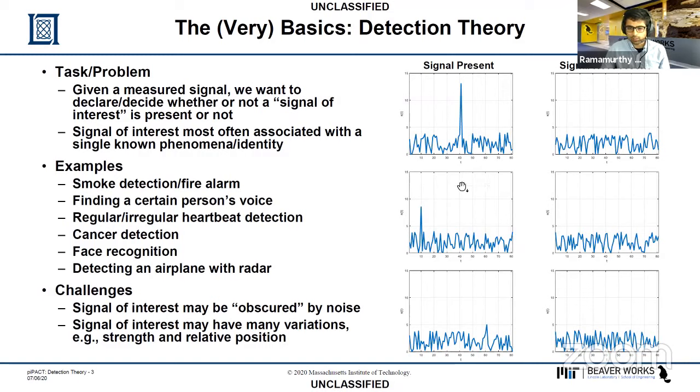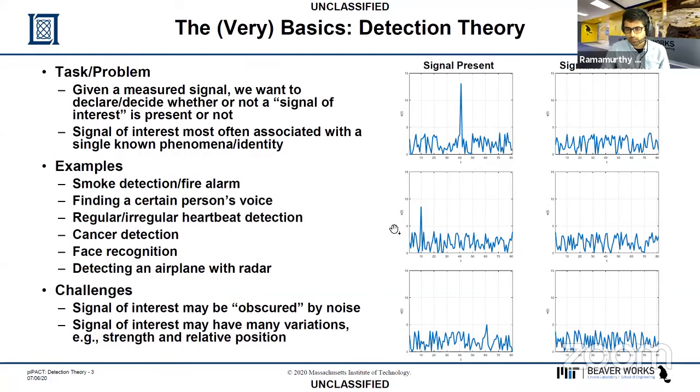It's pretty obvious in the first two rows that the signal present is this large peak, right? There's some variation between them in terms of its position in time, which is the x-axis, and also its relative strength.